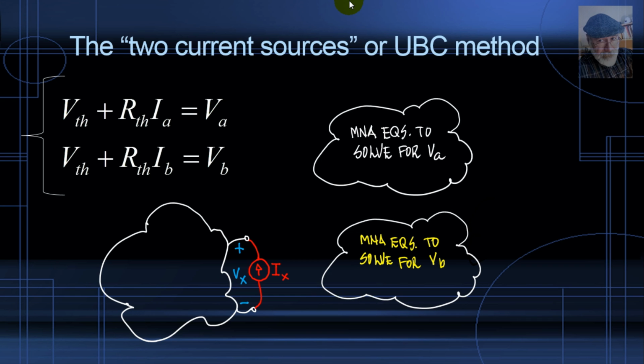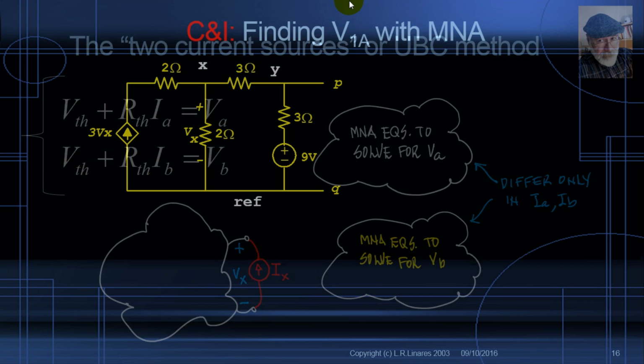And then we edit the same equations and change Ix for IB and obtain that Vx this time is VB. We can get away with writing the M&A equations only once and solving them twice. They are different only in the values IA and IB. Not clear? Okay, let me show you an example.